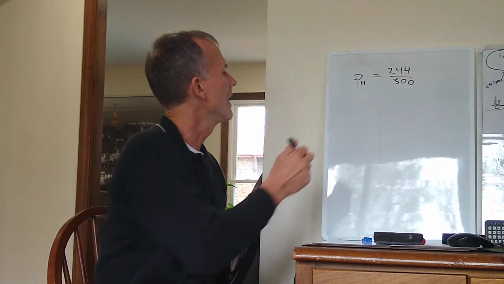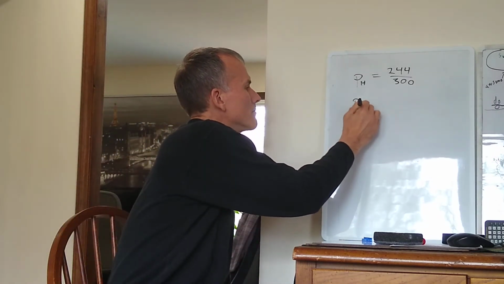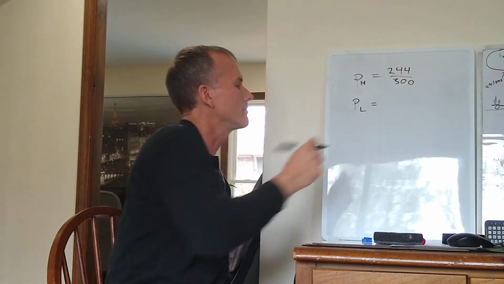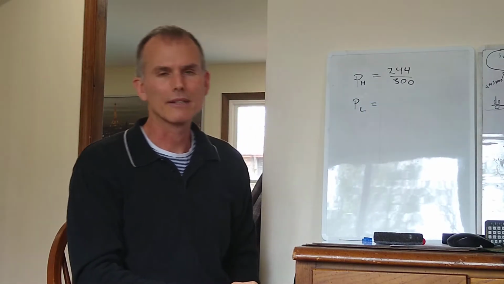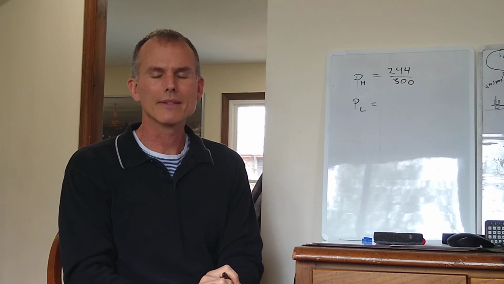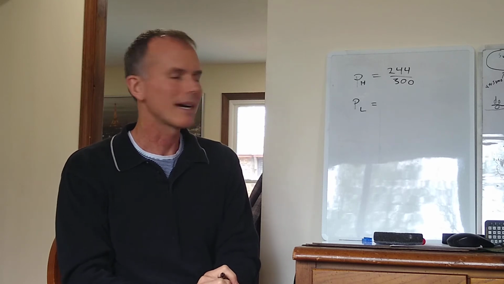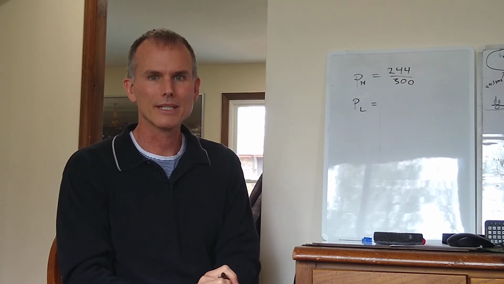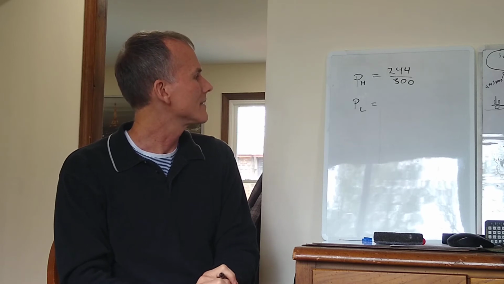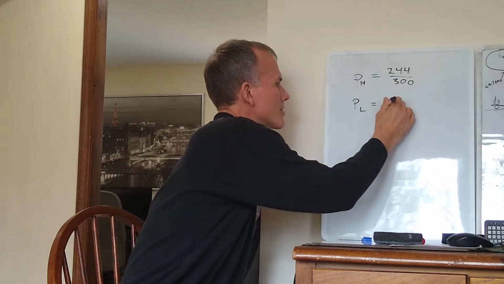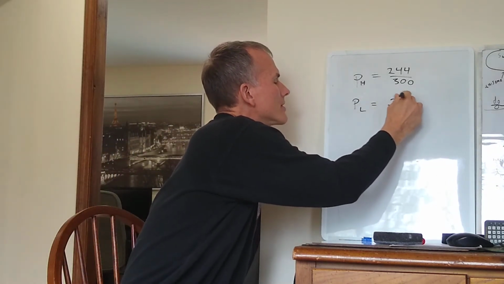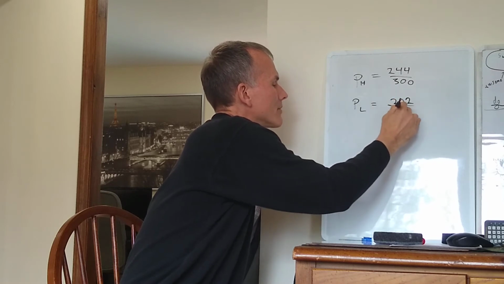Okay. They also asked a group of low-income people who made under $20,000 a year. And 300 people, they randomly selected them from among the population of people who made under $20,000 a year. And they found that the sample proportion was 202 out of 300.